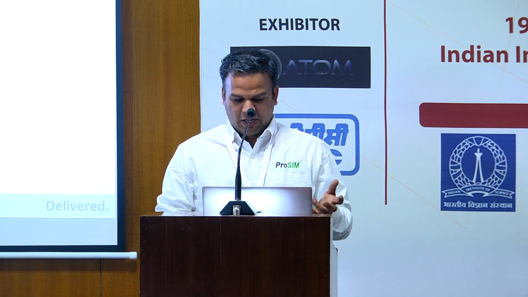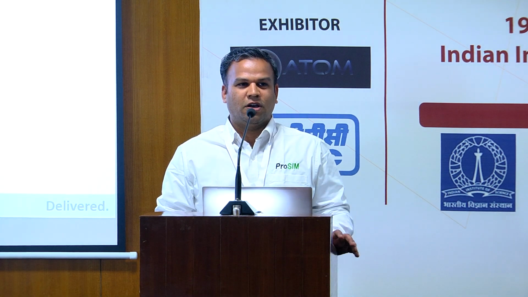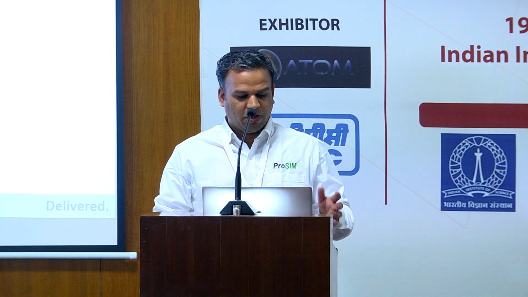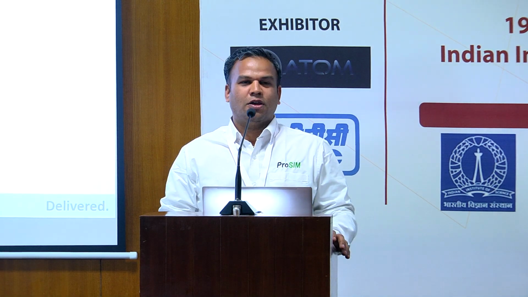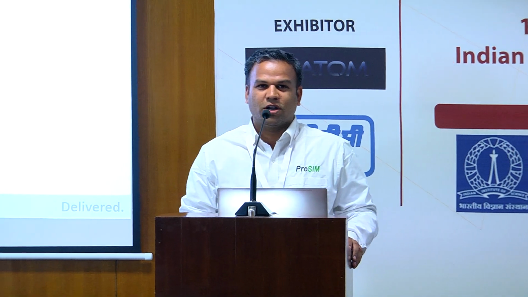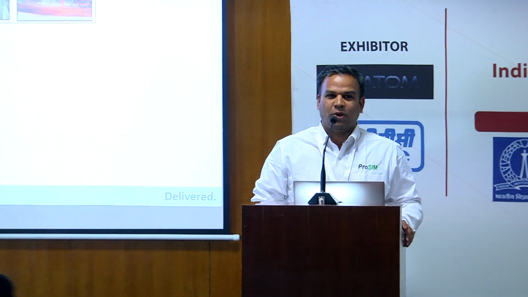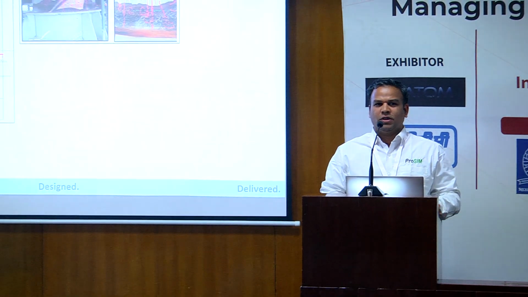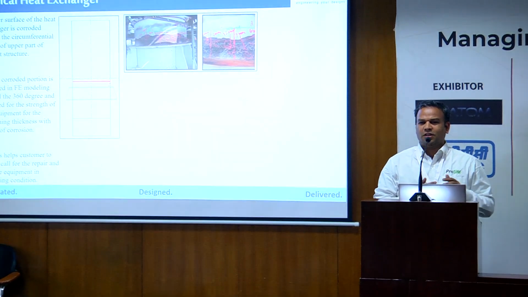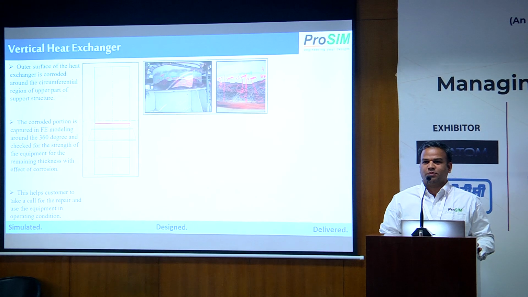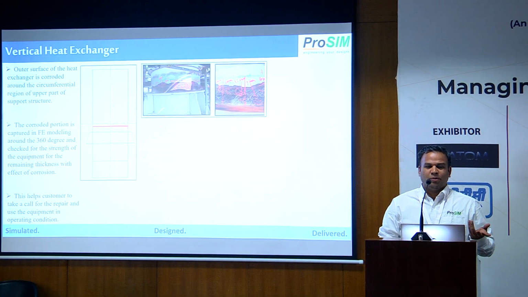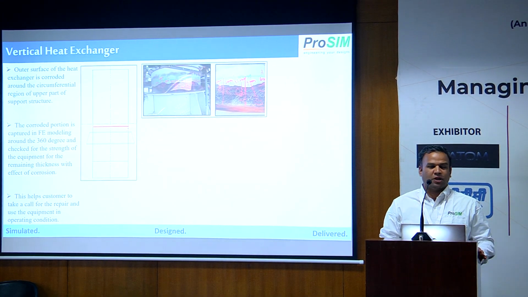But if you see the real scenario in one of the oil and gas industries, working with this vertical heat exchanger, the physical picture shows it is already corroded exactly at the support ring part. Here we can see the impact of corrosion on mechanical and chemical properties.